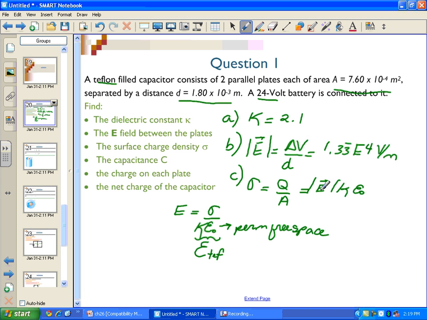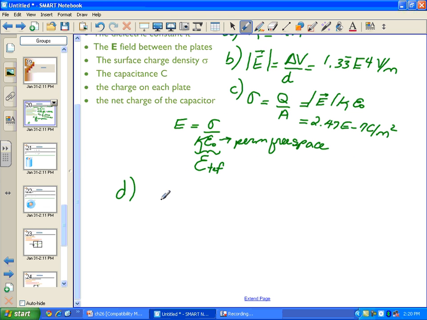And since we know kappa, we know epsilon naught, and we know the magnitude of the electric field, this certainly gives us a method for calculating sigma. And if we entered all our numbers correctly, we get a sigma of 2.47 e to the minus 7 coulombs per meter squared.